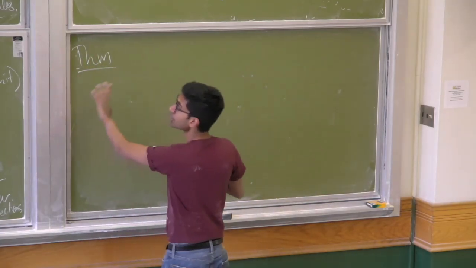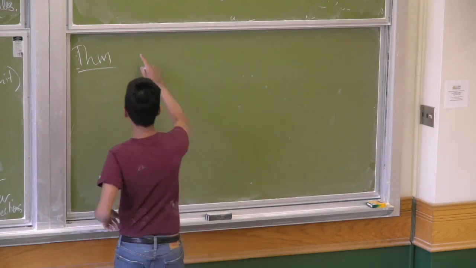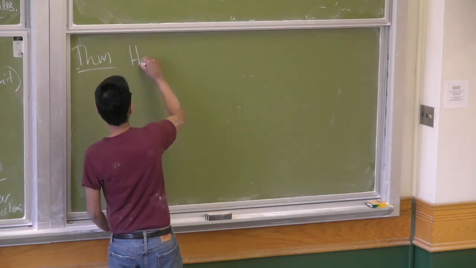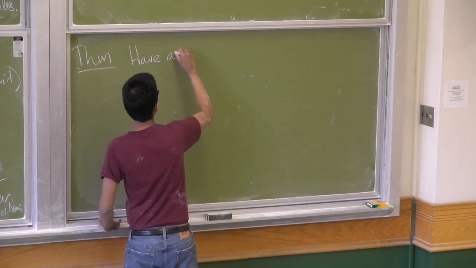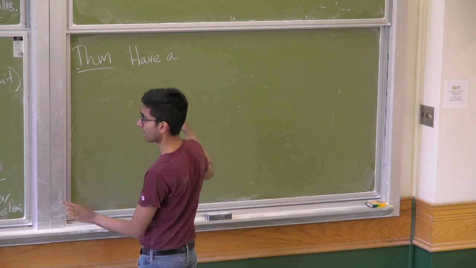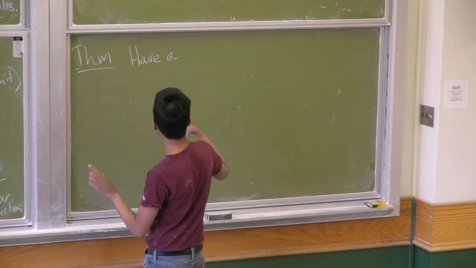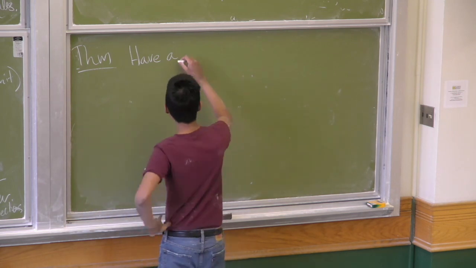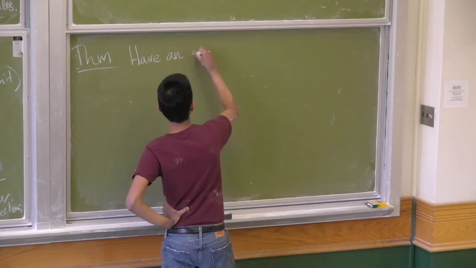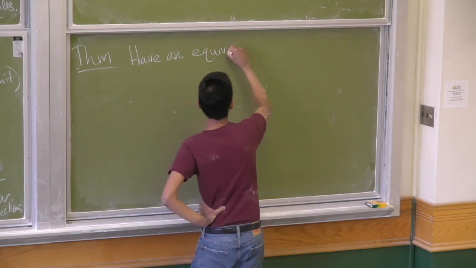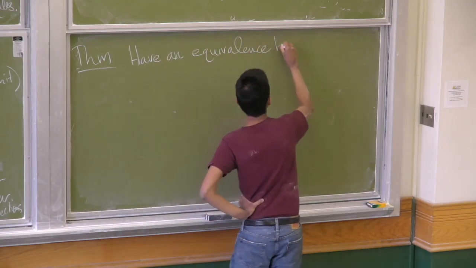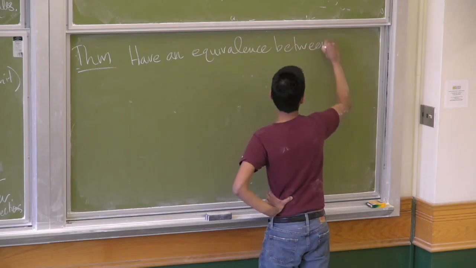The statement is that, okay, again K is any ring, so you have an equivalence between the following two categories.